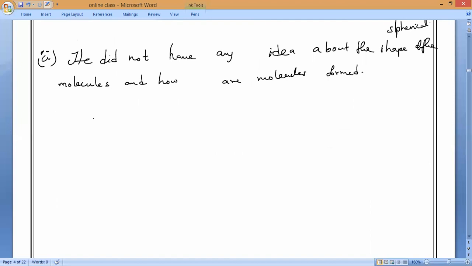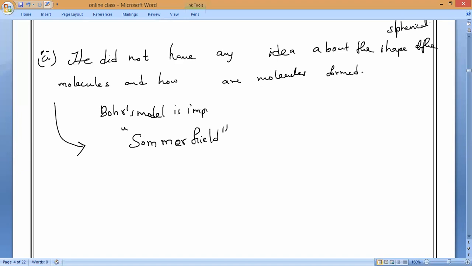So these are the limitations of Bohr's atomic model. Remember, Bohr's model was later improved by a scientist called Sommerfeld. So who improved Bohr's model?